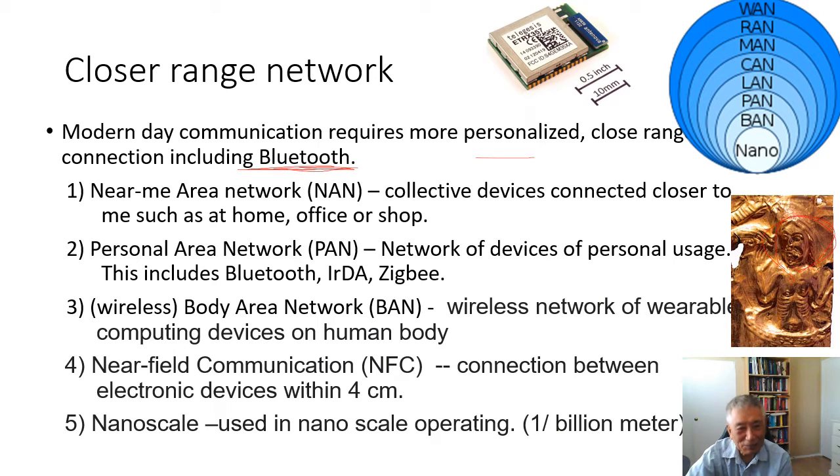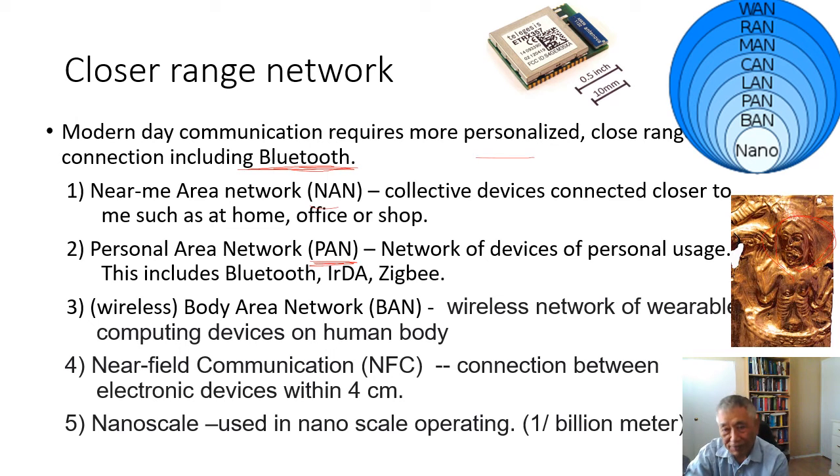But there's nothing like a Bluetooth network, but it's used as a close-range connection. So that actually belongs to PAN. But let's go to the near me area network. So NAN, near me area network, is a collective of devices. Typically it is within a house or in the office. The office may be the better analogy.